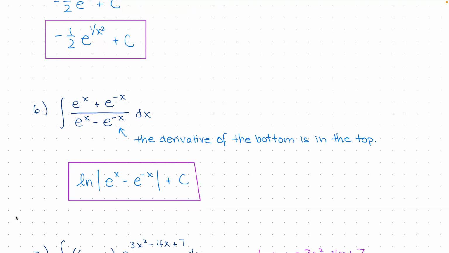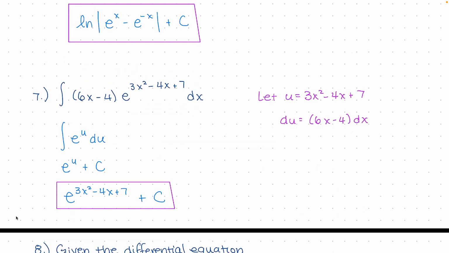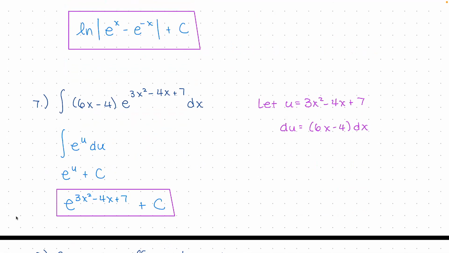Alrighty. So then this one, number 7, some of you guys I know I saw did it without doing any u substitution, and that's totally fine. Because this one's really easy to see that you have the derivative of the exponent in the problem and there's nothing else. But also just another general rule of thumb, and this isn't just for exponentials, this is for anything.